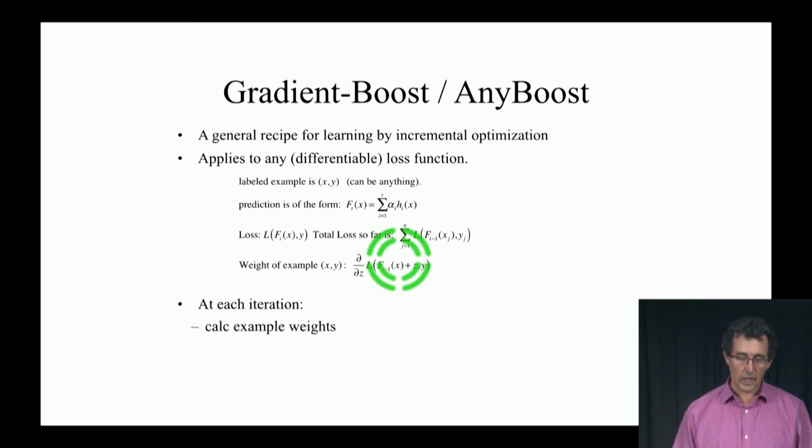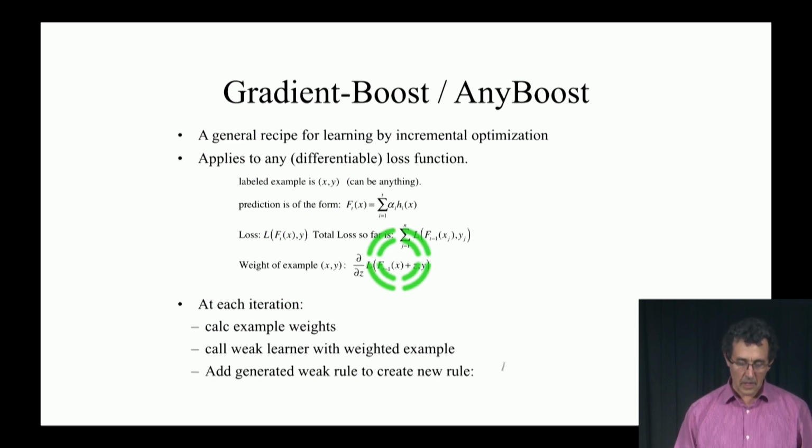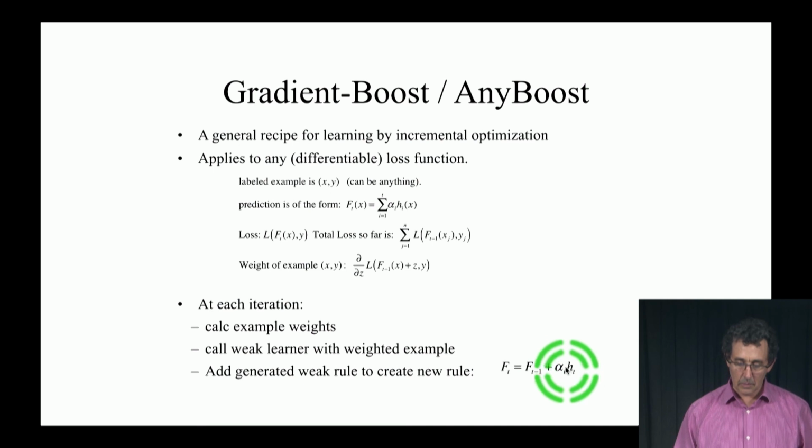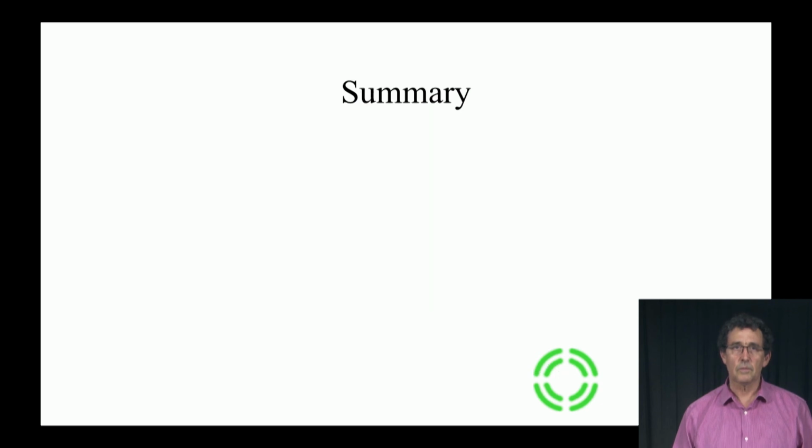Each iteration, you calculate the weights. You find a step that decreases the total weight, and then you update the rule that you have by multiplying the update, the weak rule, with this alpha t. And methods like gradient boosted trees, that's basically what they do.